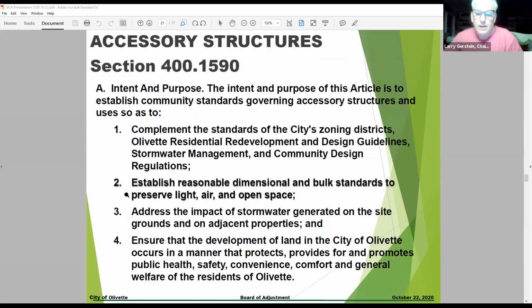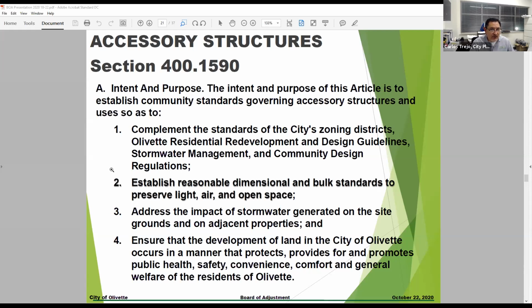Carlos, Jonathan, you guys are sworn in already, right? Yes, both Mr. Roper and myself are sworn in, and I'll provide a recap regarding accessory structures. The council has adopted standards for accessory structures. Those standards are intended to complement the city's zoning districts, our design guidelines, address stormwater management, and our community design criteria.